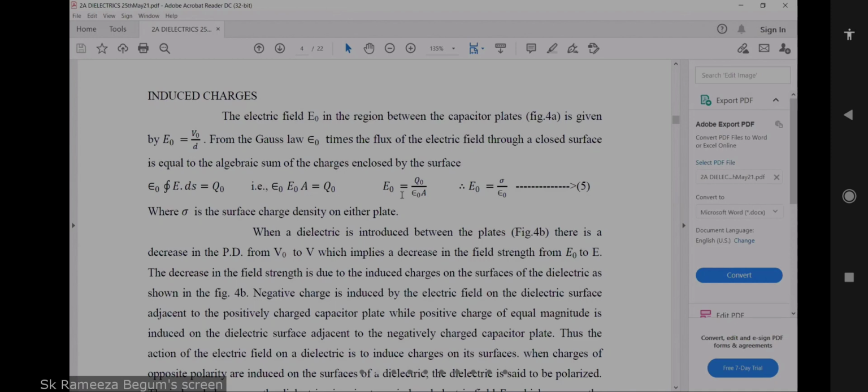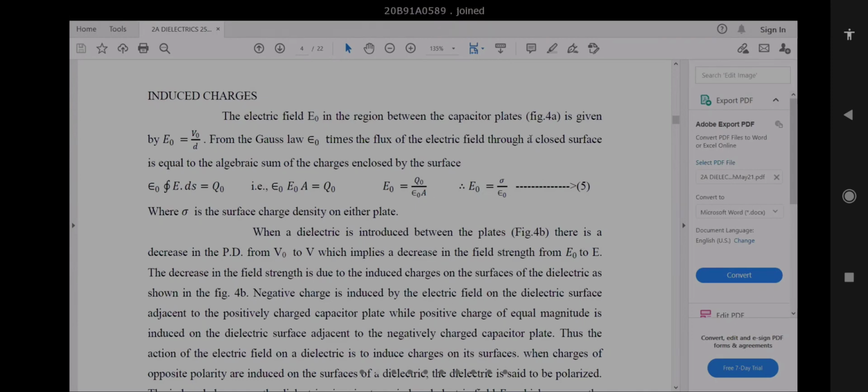Therefore E naught is equal to Q naught by epsilon naught A. E naught is equal to sigma by epsilon naught, where Q naught by A is sigma. Sigma is the surface charge density, Q by A. Here the total charge is Q naught. So E naught is equal to sigma by epsilon naught. Is it clear?